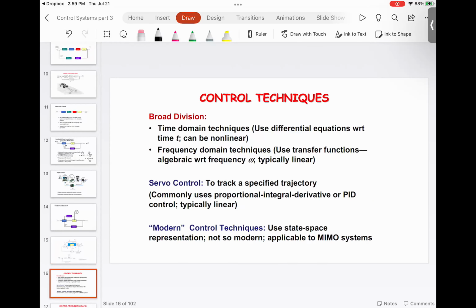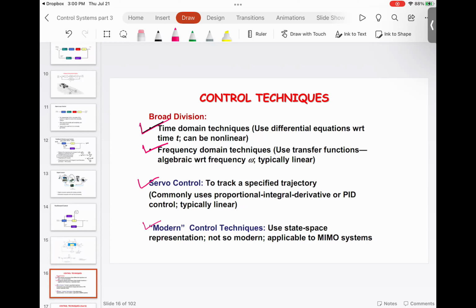So what are the control techniques? There are time domain control techniques, where you do the control in the time domain. Then there are frequency domain control techniques, wherein you use transfer functions. You can use servo control, wherein you want to track a particular trajectory. And you can use state space control or multiple input, multiple output techniques.